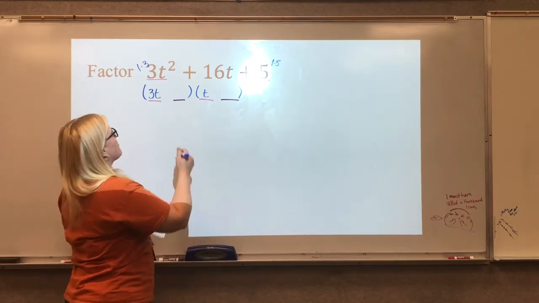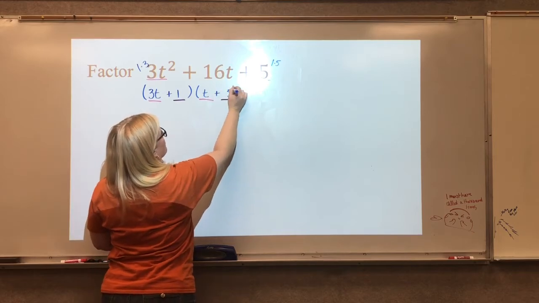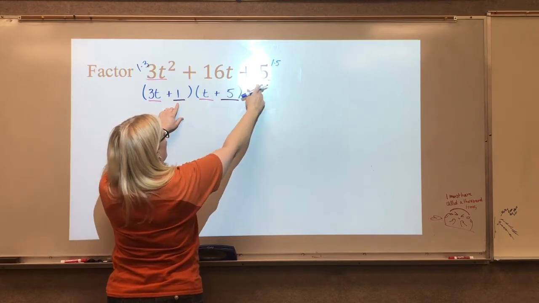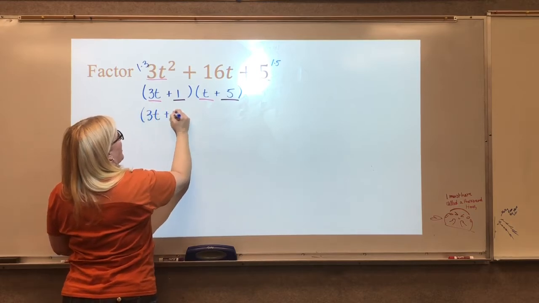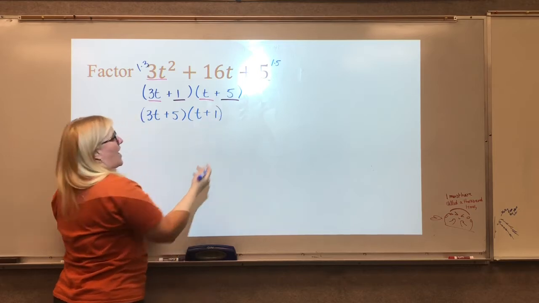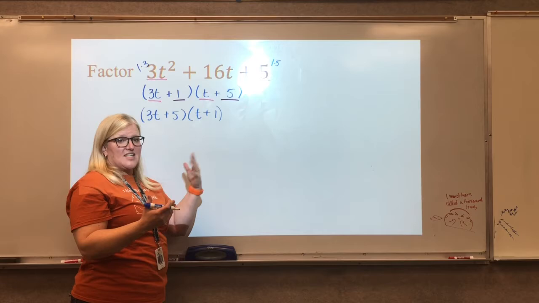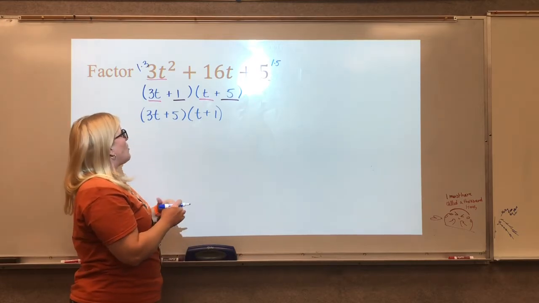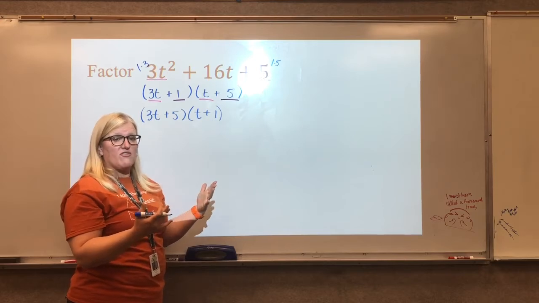So we could have 3t plus 1 times t plus 5, because 1 times 5 is 5. We could also have 3t plus 5 times t plus 1. I'm not sure which one it is, and it's nice that I only have two options. I've guessed, and now I need to check it by FOILing.